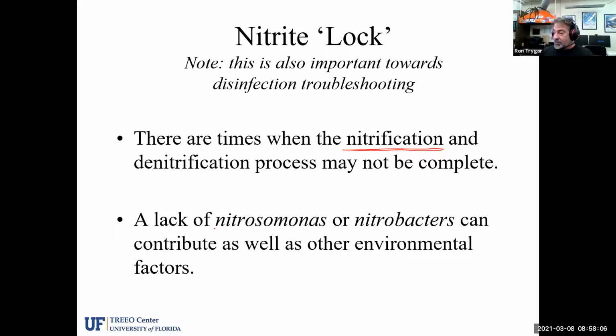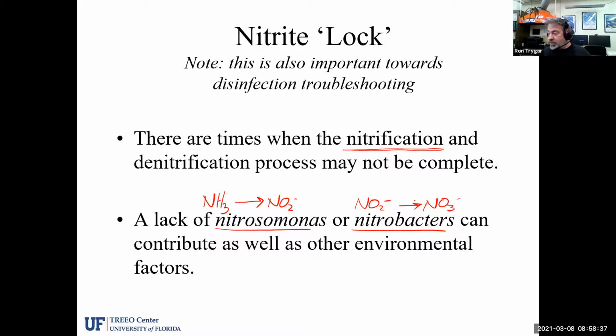A lack of Nitrosomonas or Nitrobacter bacteria can contribute. The Nitrosomonas are taking the ammonia and producing nitrite. The Nitrobacter, as I mentioned a little bit earlier, are taking the nitrite and producing nitrate.